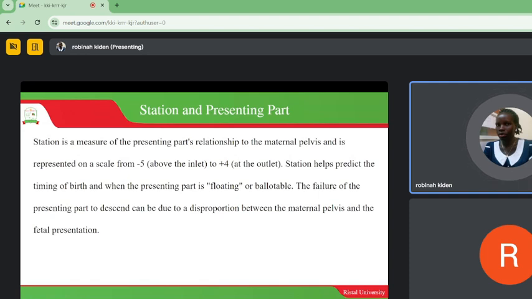When you do the Leopold's maneuver, you will feel what is presenting down near the pelvis. So then you ballot. Ballot is you place one hand on one side of the presenting part, then another on the other side, then you try to push this presenting part. Does it feel like a ball? You push it from one side, then you try to catch it from the other side. Does it move freely? If it moves freely, then it is ballotable.